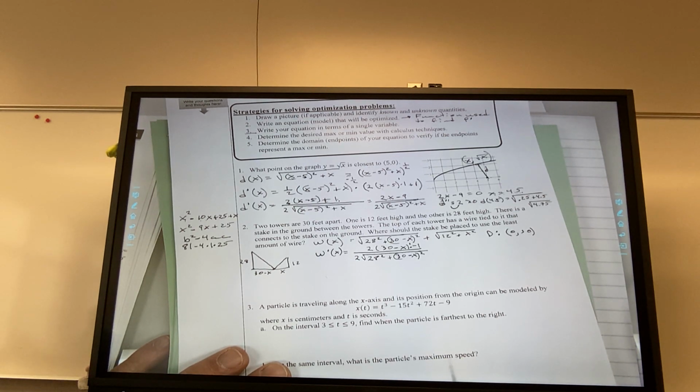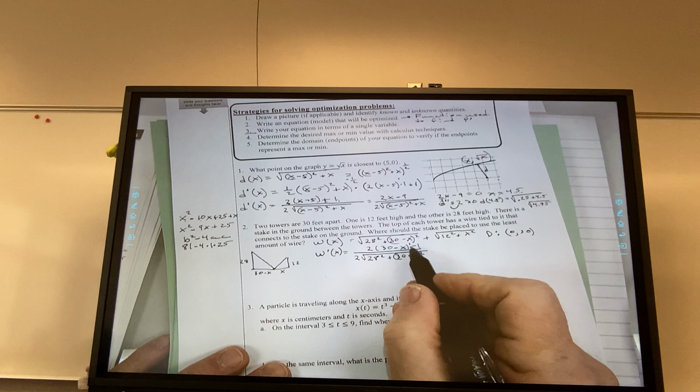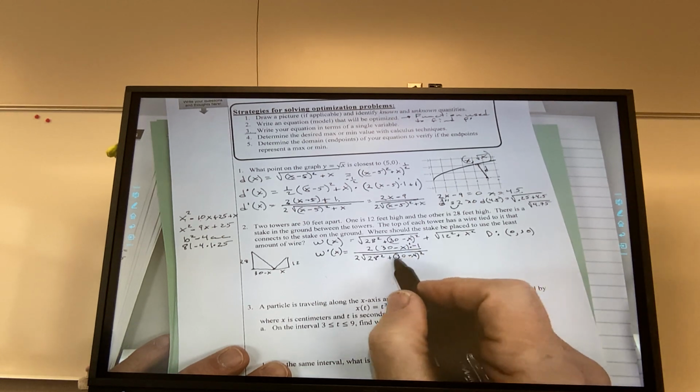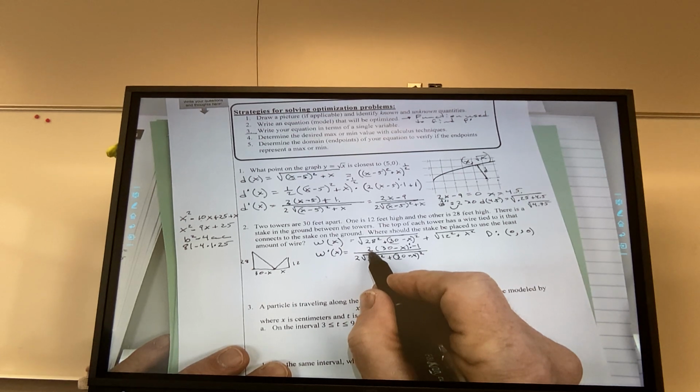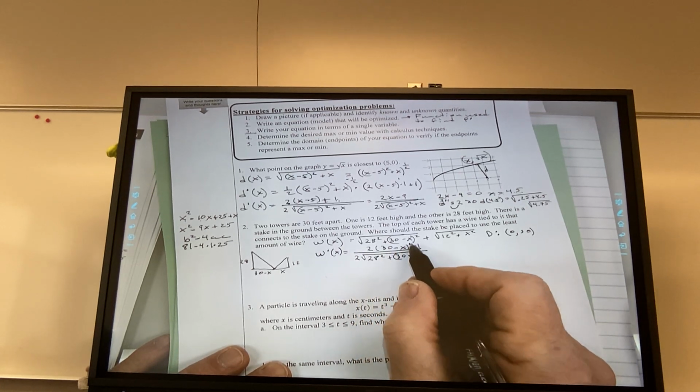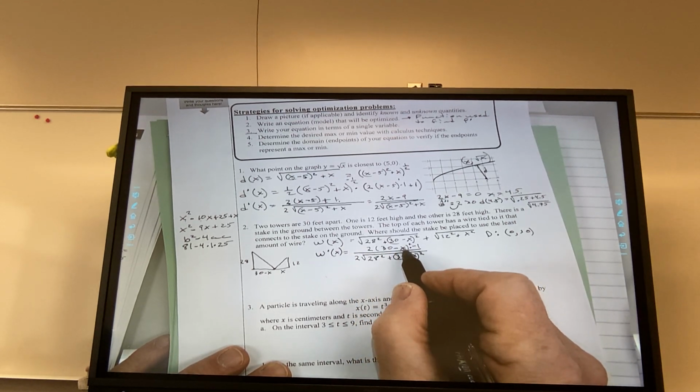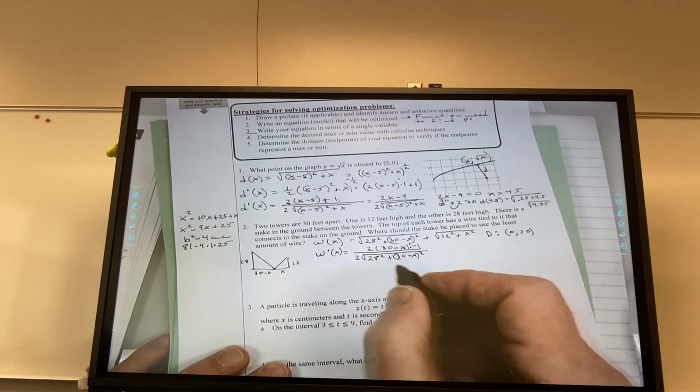Okay? I am not 100% sure, but I'm just going to go with it. Well, I had 30 minus x squared, I take the 2 times this coefficient, which is 1. I have 30 minus x, I drop 1 power, and then I come in here and take the derivative of that. Oh, I think I get it.